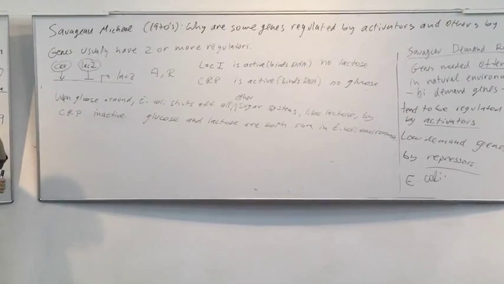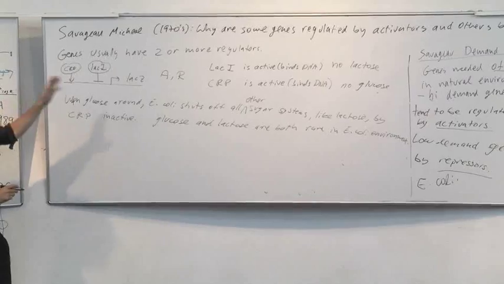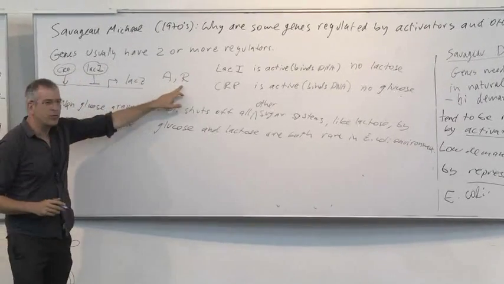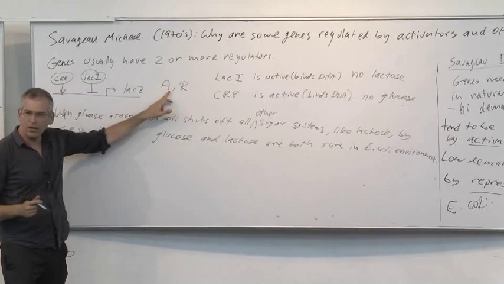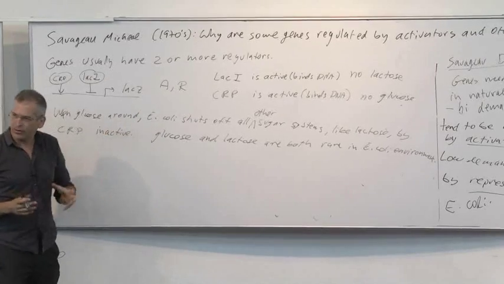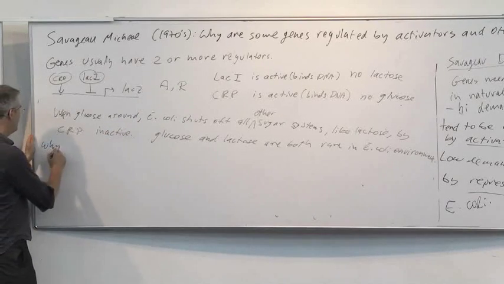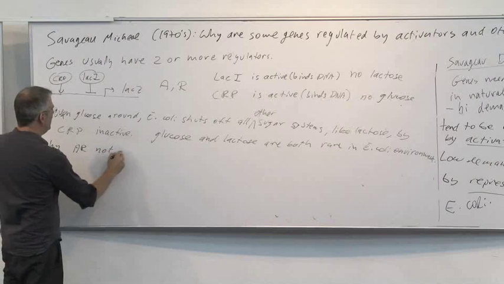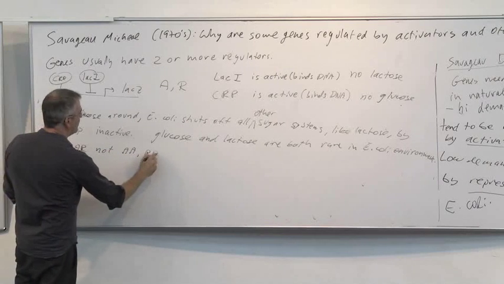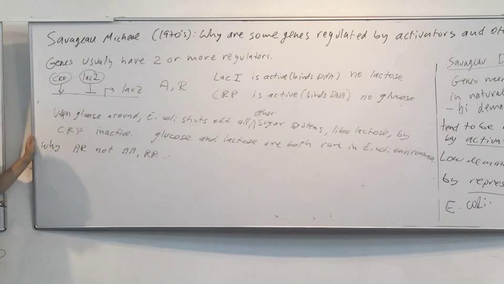Okay. So why AR mode of control, not AA or RR? We can ask, and we can answer from the demand rules.